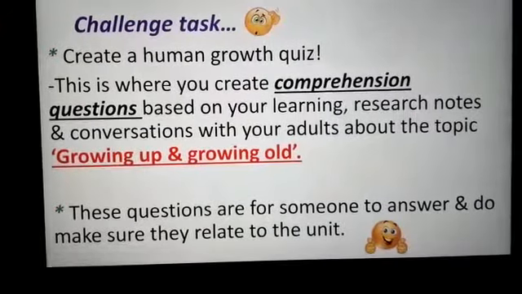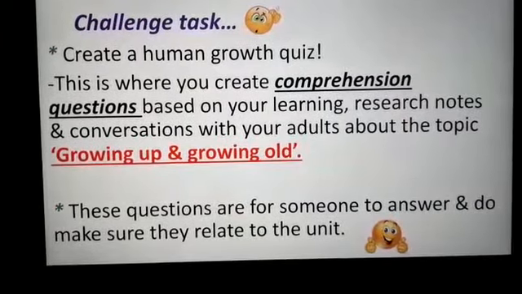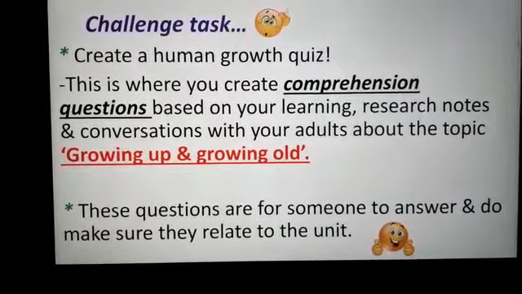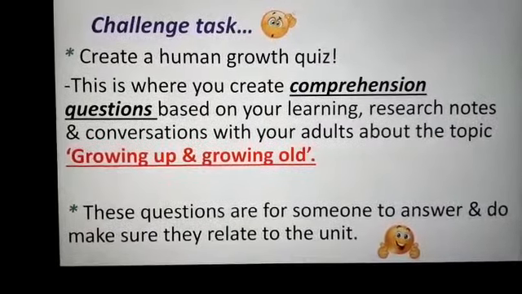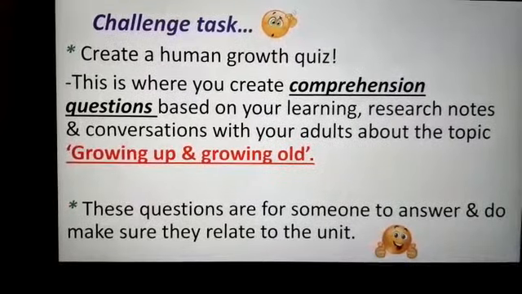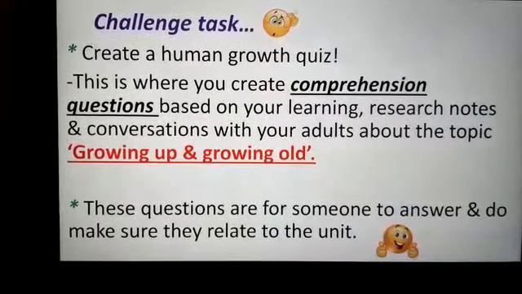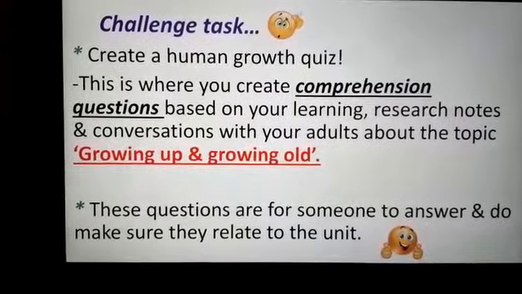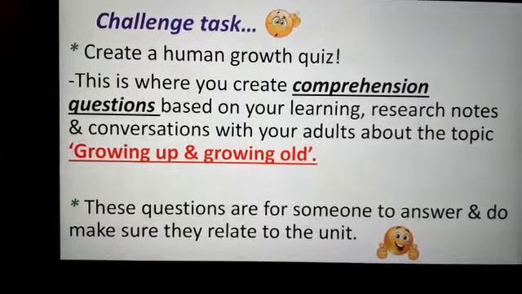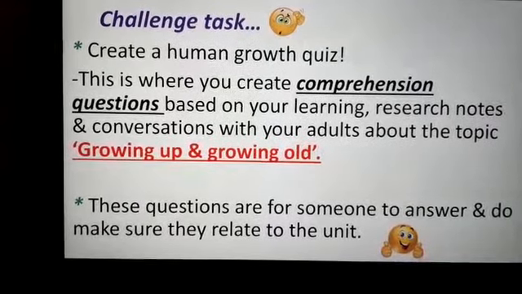I have given you a challenge task as well. I would like you to create a human growth quiz. This is where you will create comprehension questions based on your learning and your research notes and conversations you've had with your adults about the topic growing up and growing old. Remember, these are questions that somebody else is going to answer, so make sure that they relate to this particular unit.